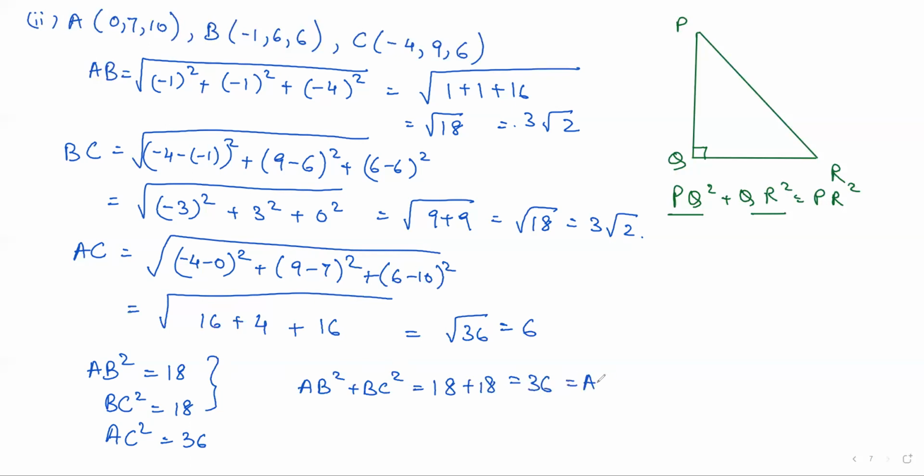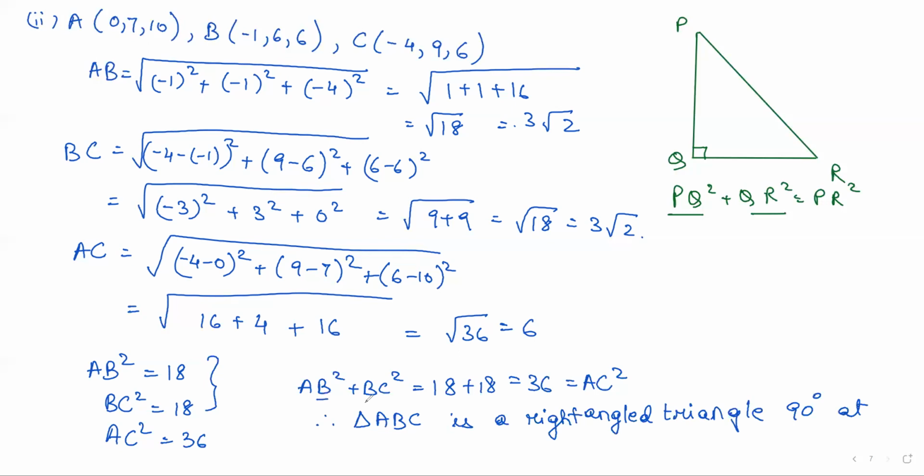This is equal to AC square. Therefore, we can say that triangle ABC is a right angle triangle, 90 degrees at AB plus BC. The B is common over here. Right angle at point B.